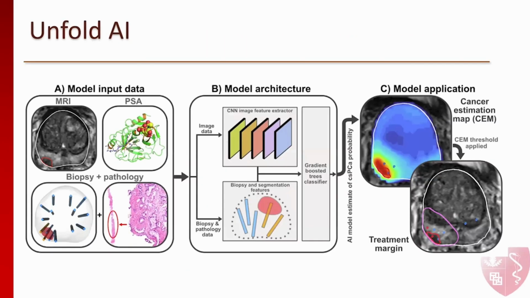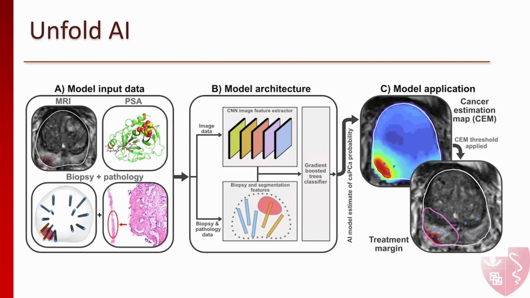And fundamentally, Unfold AI is a multimodal AI program that's designed to provide a more accurate representation of prostate cancer size and location. When we say it's a multimodal AI tool, that means it takes as an input several different types of data. So this platform will incorporate the T2 MRI, PSA value, biopsy pathology, as well as the biopsy core tract location.